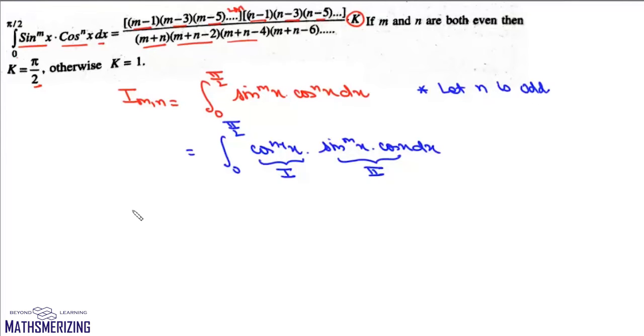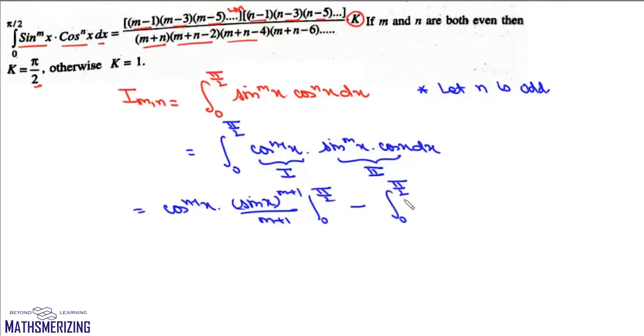Now if we use by parts, we can write cos to the power n minus 1 x. Now if we take sin x as t, cos x dx will be dt. So it will be sin x to the power m plus 1 upon m plus 1 from 0 to pi by 2, and then minus this integral from 0 to pi by 2.